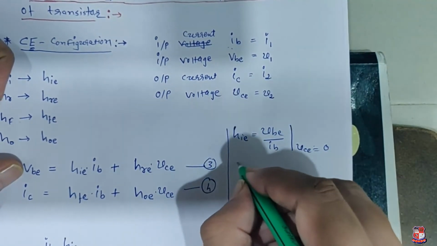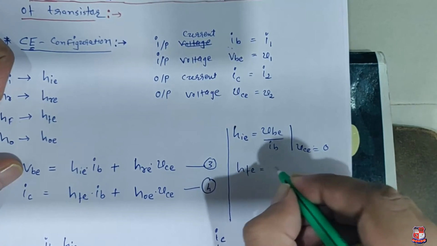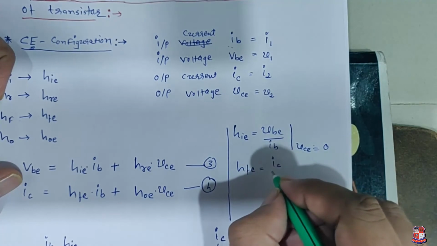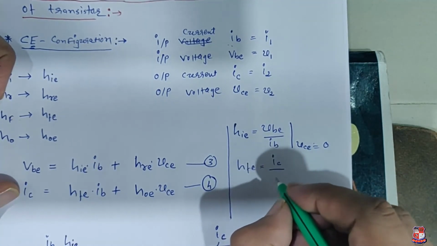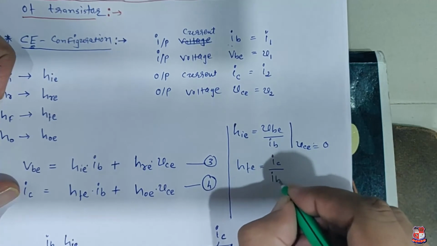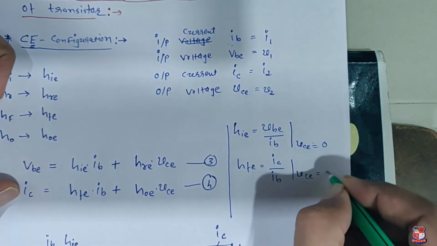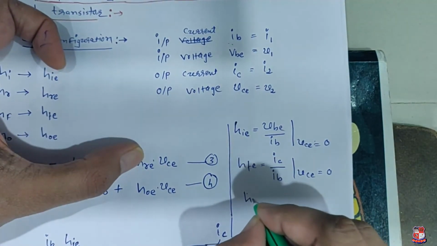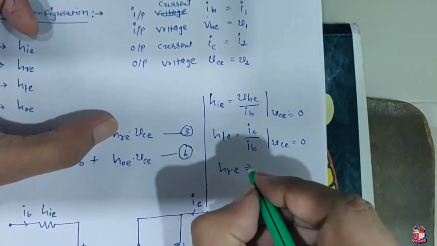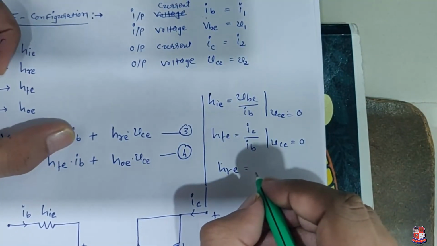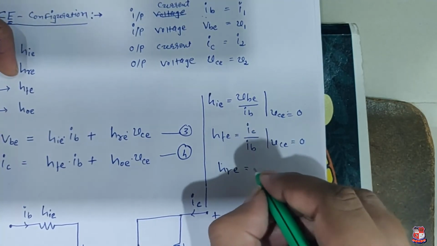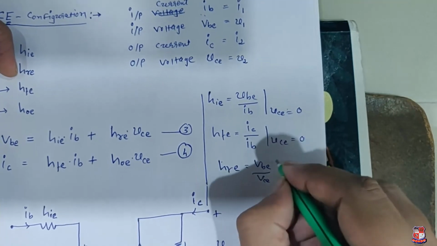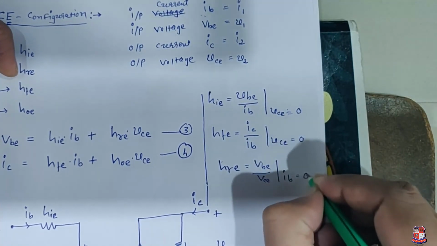Similar way we can find out HFE, that is nothing but IC upon IB from the equation number 4, where VCE equals to 0. Similar way we can achieve another 2 equations for HRE. When we do the IB equals to 0, HRE will become VBE upon VCE, where IB equals to 0.